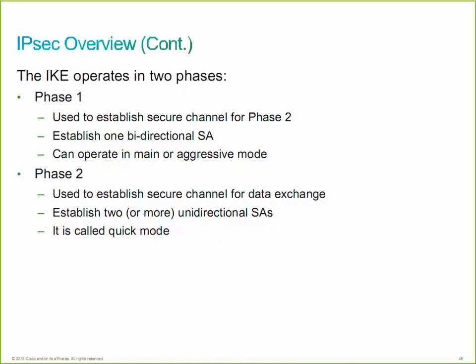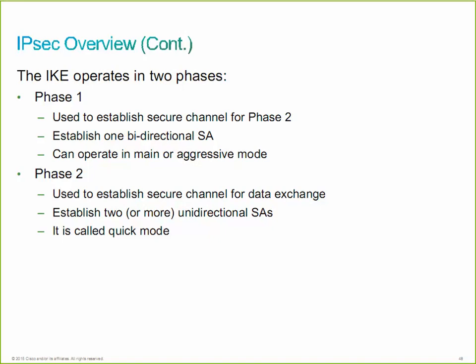If we're running in aggressive mode, as I mentioned before, we get fewer exchanges made, so fewer packets go back and forth. That makes sense. It's going to be a little bit faster than our main mode negotiation. But the downside to aggressive mode is it doesn't protect the identity of the peers, because the actual names of the peers are sent over the unsecure network, the internet or whatever it might be, in plain text.